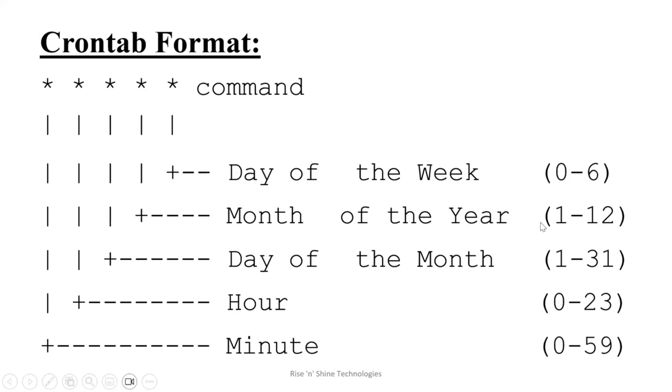And week-wise, if you like to define that, in total we have 7 days, which start from 0 to 6. That is 0, 1, 2, 3, 4, 5, 6, sorry, 7 days in total.